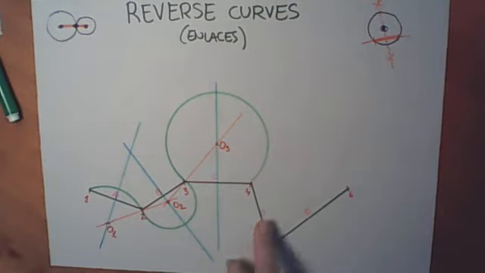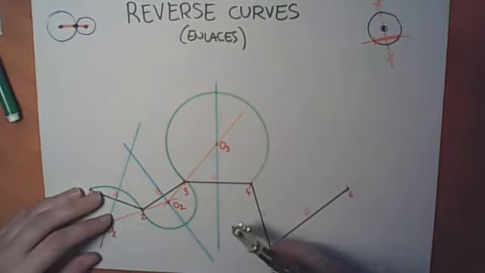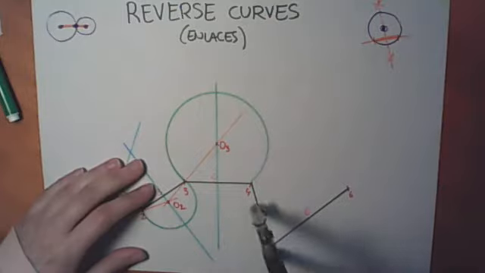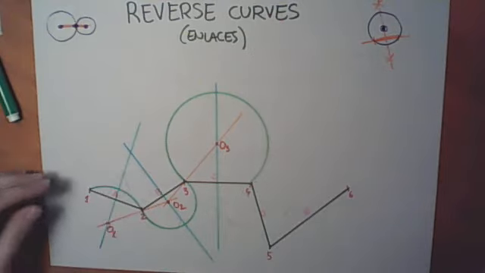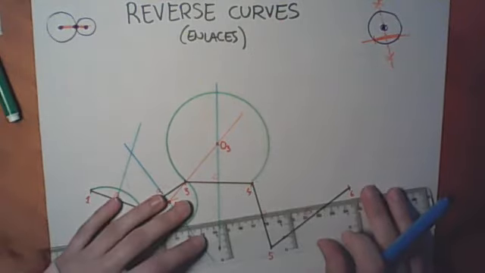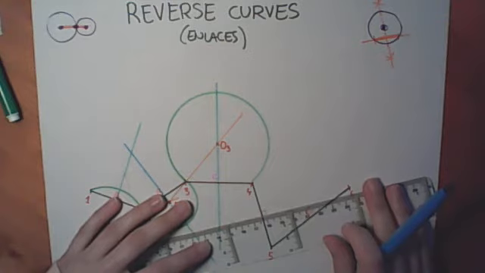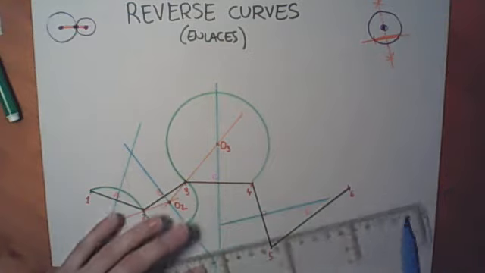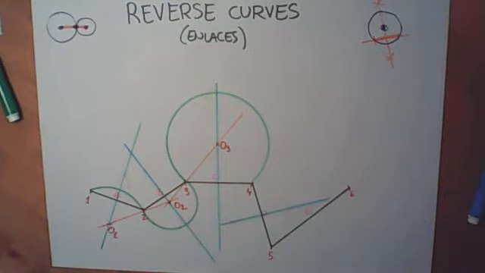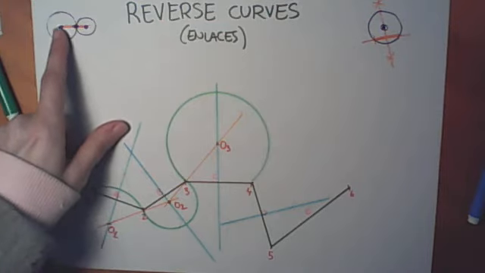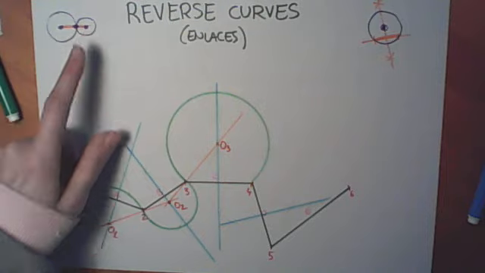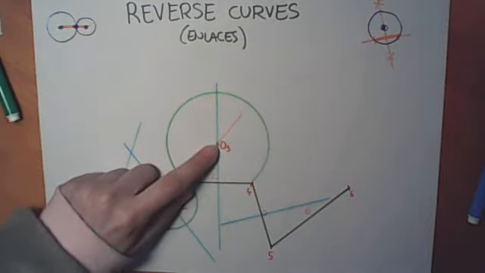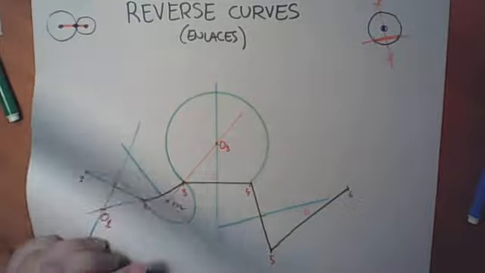Next segment, D, again, perpendicular bisector. New center will be along it, and the last center with the next point of tangency to find my new center, O3 with point of tangency number 4.